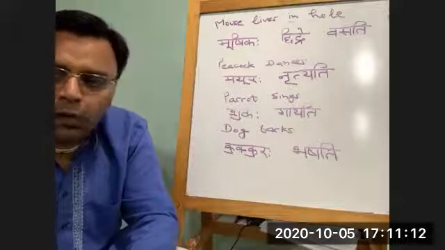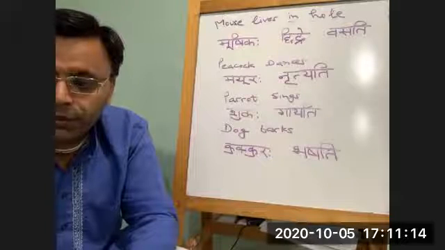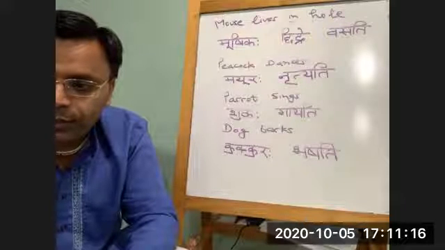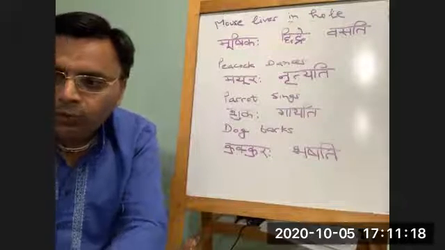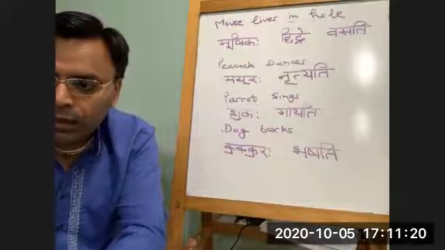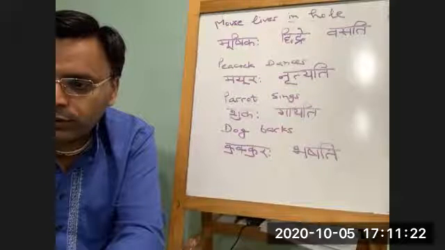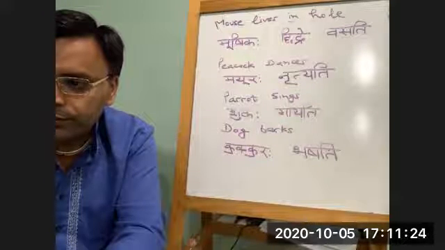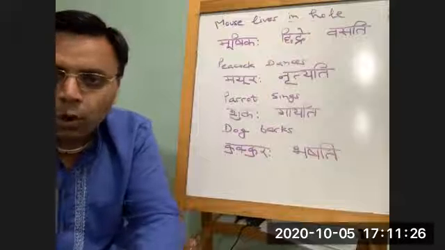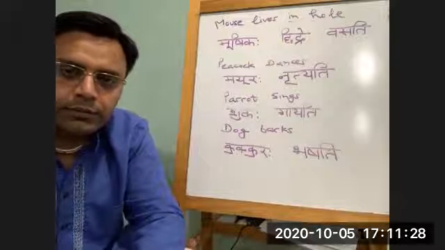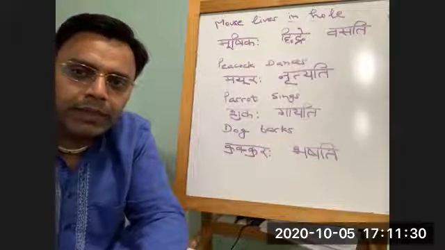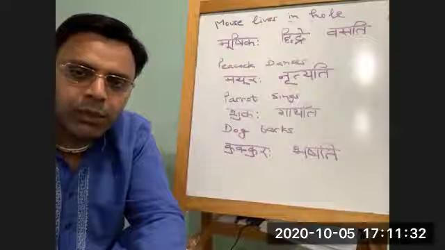Fox is called Vrishbha. No, sorry. Wolf is called Vrikaha, and fox is Lomashaha. In Hindi, it's Lomadi. So in Sanskrit, it's Lomashaha.